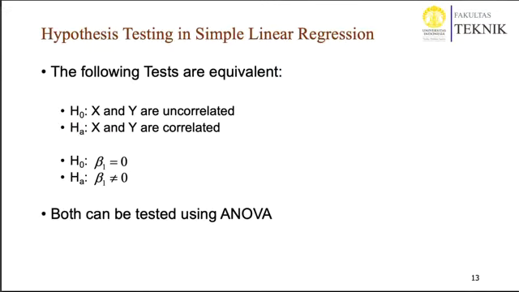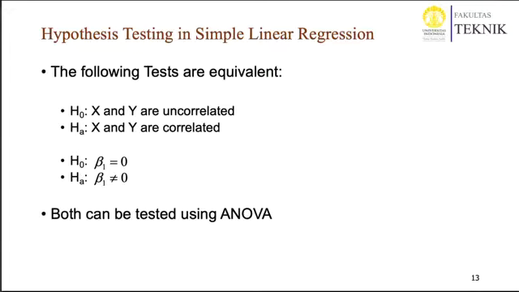And we need to make a hypothesis regarding the simple linear regression that we made. How do we make a hypothesis? First, don't forget we need to make the null hypothesis and the alternate hypothesis.